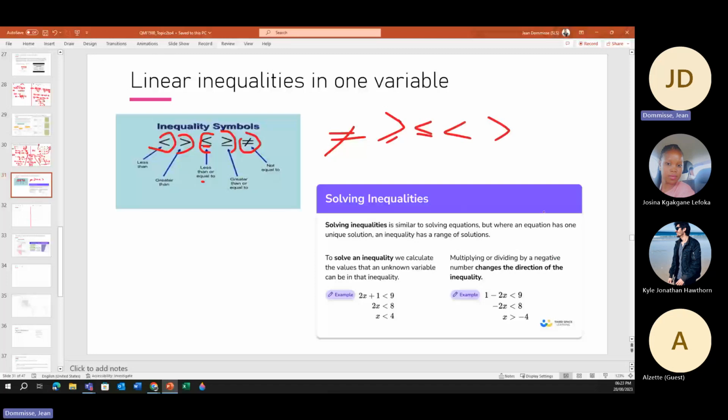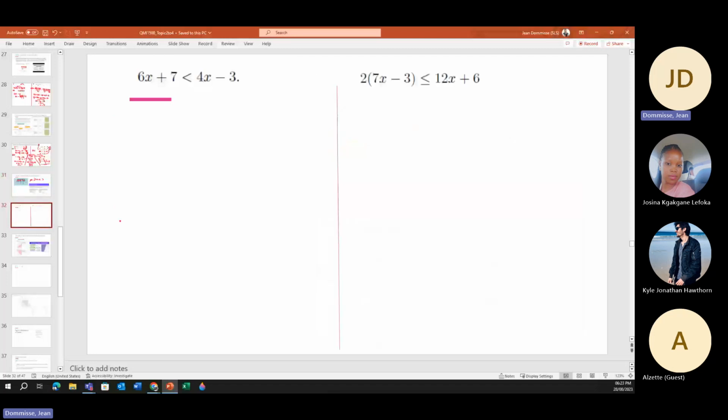So when you need to calculate the inequality, you follow the same principle as you would with calculating the equality. Exactly the same. You've got 6x plus 4 on one side, and 4x minus 3 on the other. What I normally do again is bring all those x's to one side.